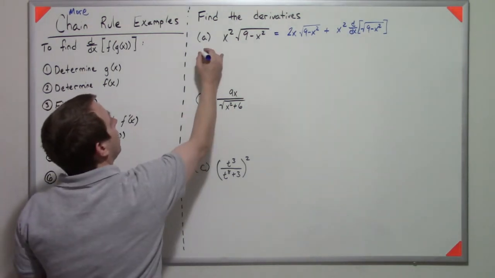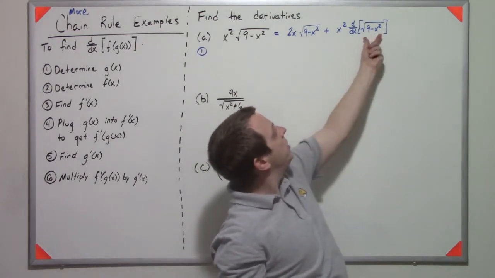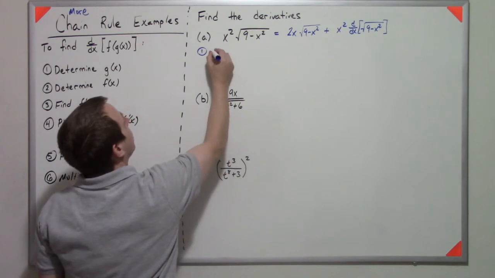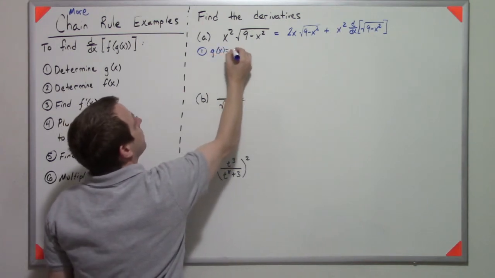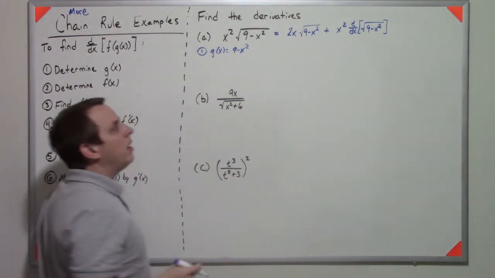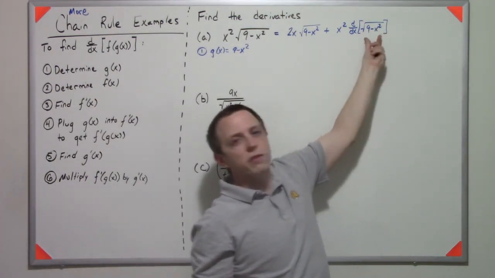So to do that, let's take a look at this function. The most inside piece is 9 minus x squared. So that's my g of x. And the outside piece, or that leftover component, is the square root of something.